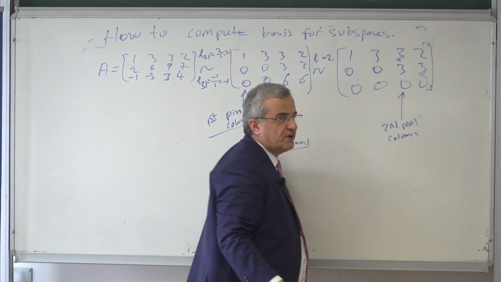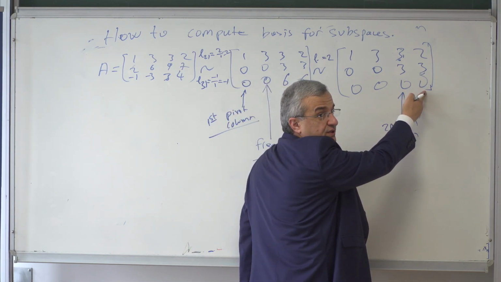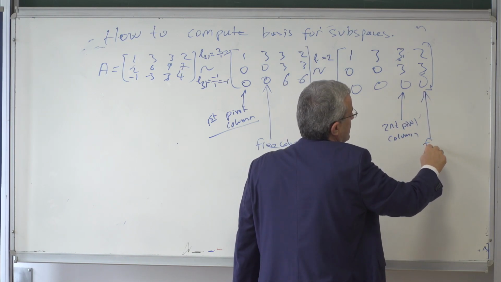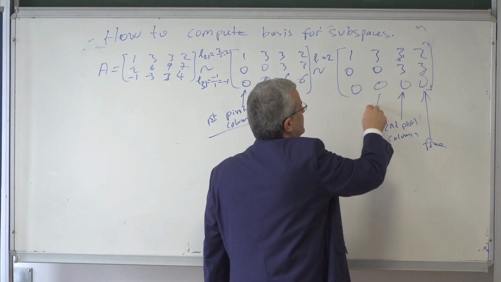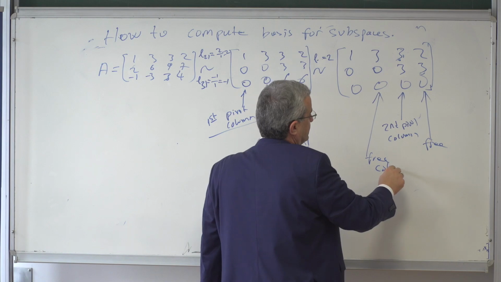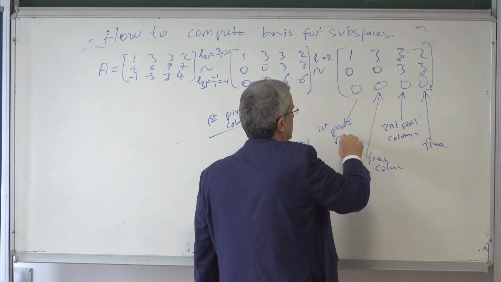Now I go to the fourth one. I see that there is nothing to take care of, right? So therefore, this is also a free column, and this is the first pivot row.